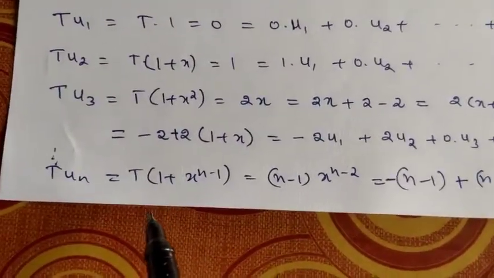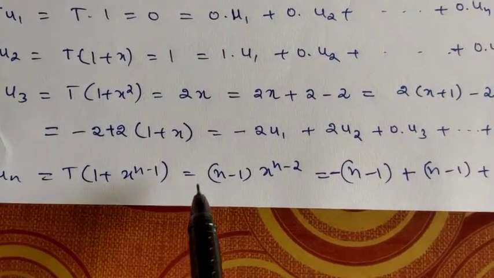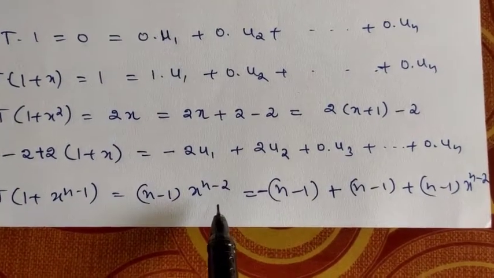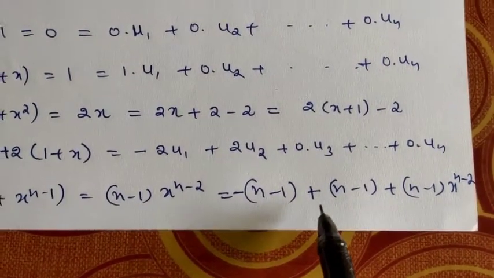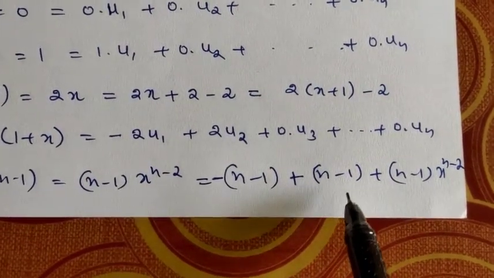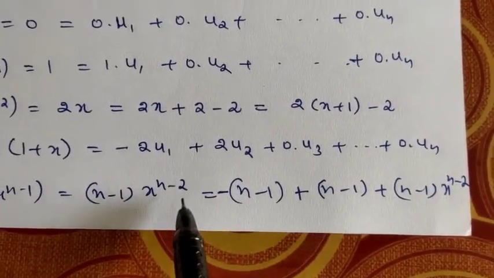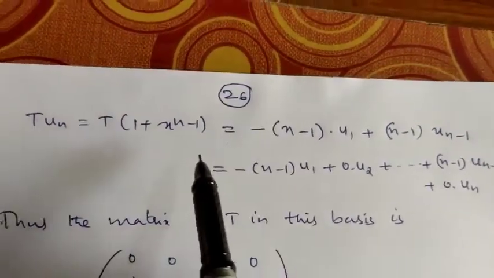So likewise, T of Un is T of 1 plus x power of n minus 1. The derivative of 1 plus x power of n minus 1 is n minus 1 into x power of n minus 2. Differentiation. Okay. So this can be written accordingly: add and subtract n minus 1, giving minus n minus 1 plus n minus 1 into 1 plus x power of n minus 2. So T of Un is equal to T of 1 plus x power of n minus 1.